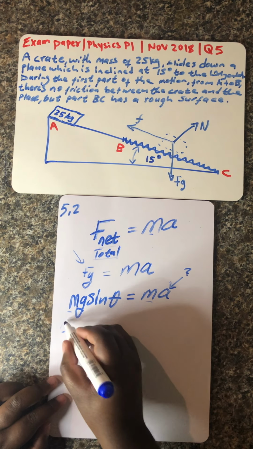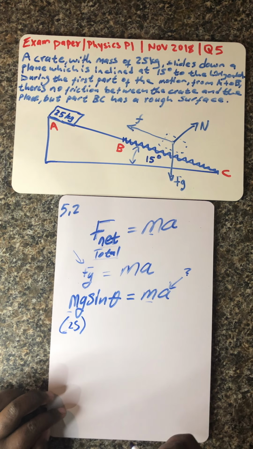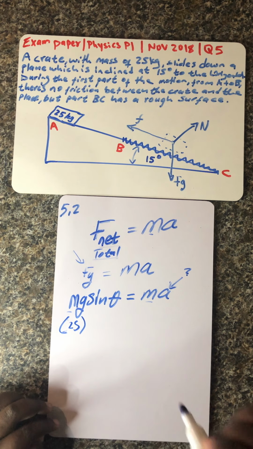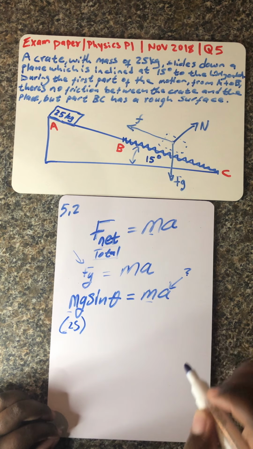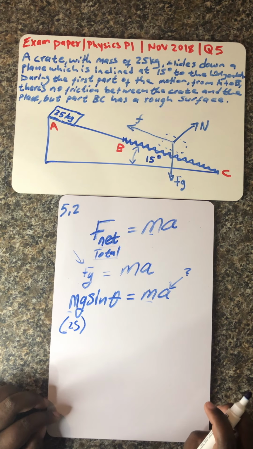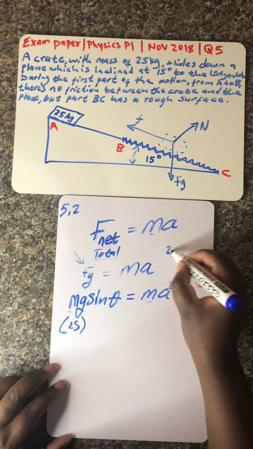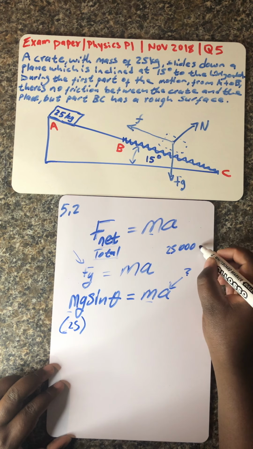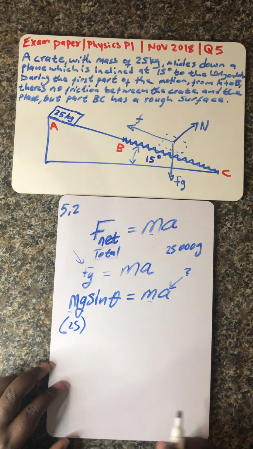So now let's substitute. What is the mass? It is 25 kg. Guys, mass in physics is measured in kilograms. If for some reason the mass was, let's say, 25,000 grams, if it's given in grams, convert it to kilograms.